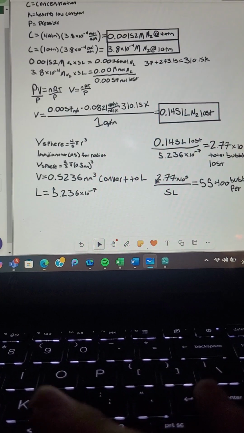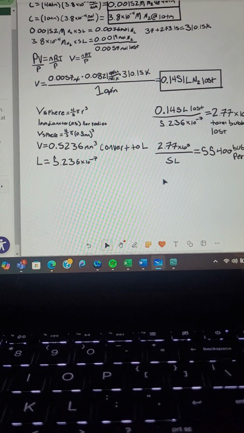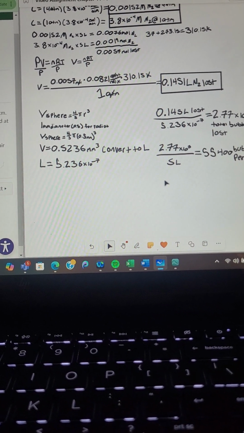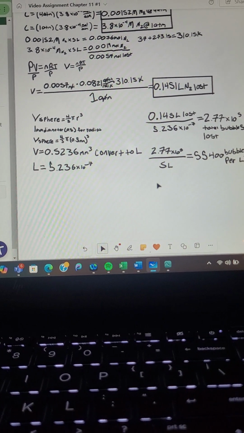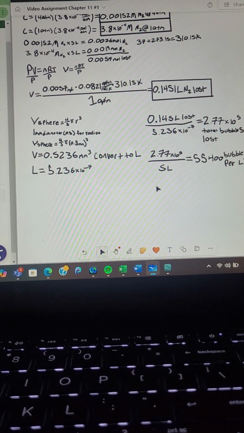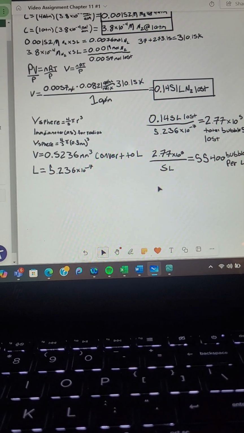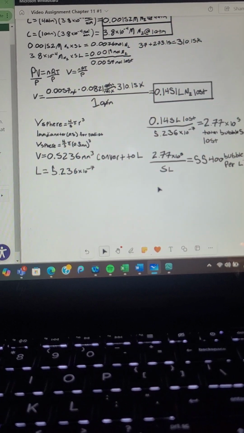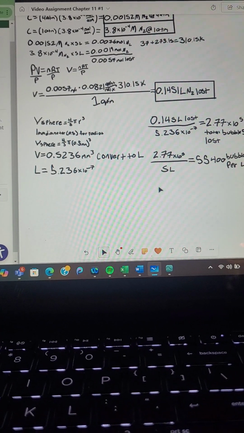Now, in order to solve for the amount of bubbles lost per liter, you need the volume of a sphere because we're assuming that a bubble is going to be a sphere. The volume of a sphere equation is 4/3 pi r cubed. We are given a 1 millimeter diameter of a bubble. We need the radius of that, so we divide it by 2.